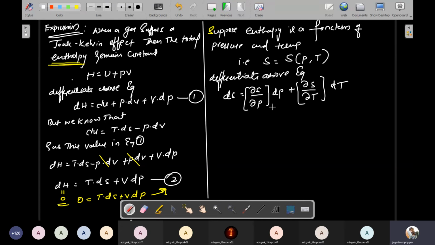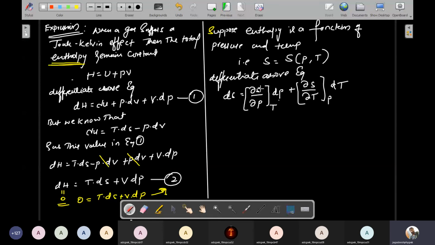Here temperature remains constant if I differentiate with respect to pressure. If I differentiate with respect to temperature, then pressure remains constant. So we will write pressure here. So this is the final differential form of the equation.